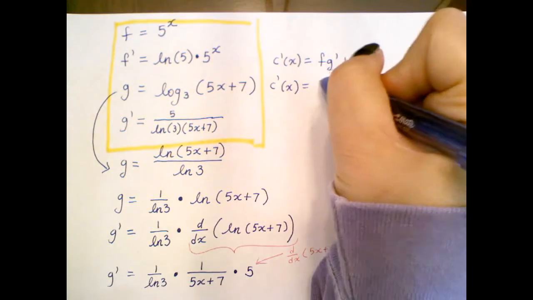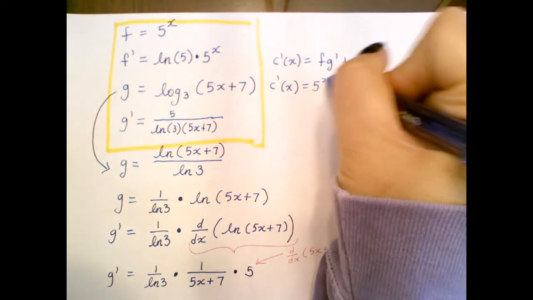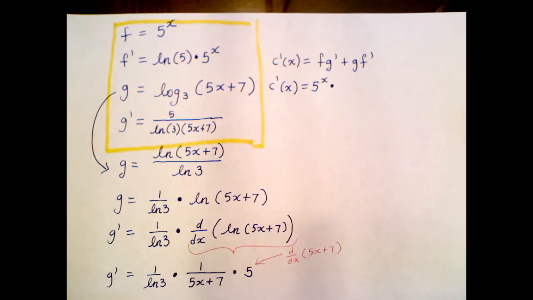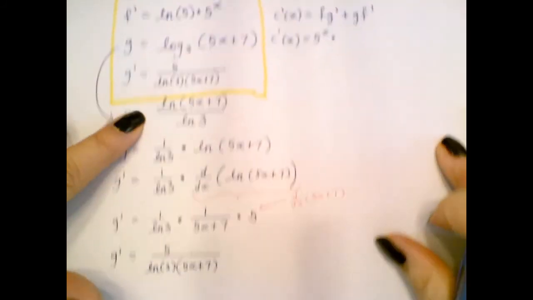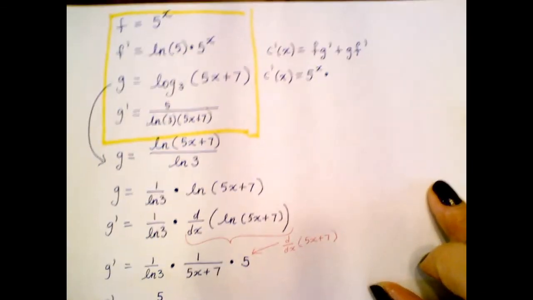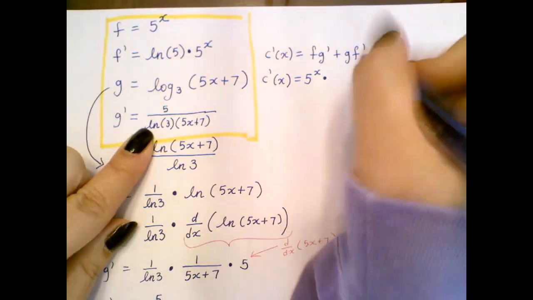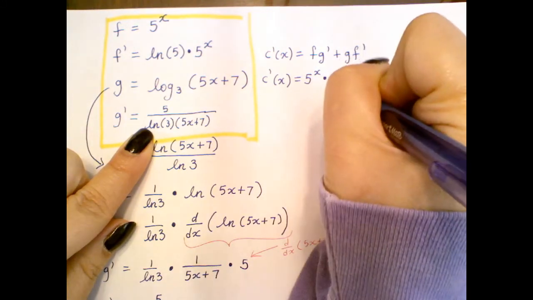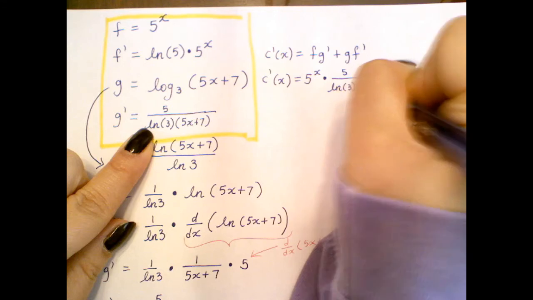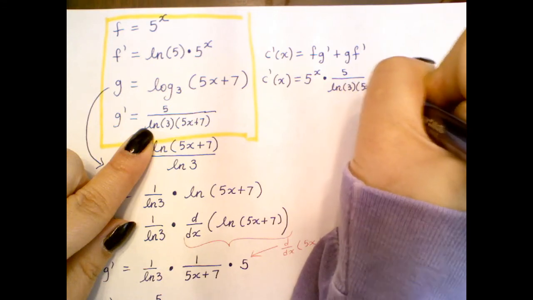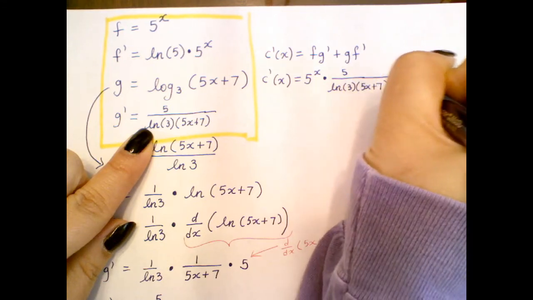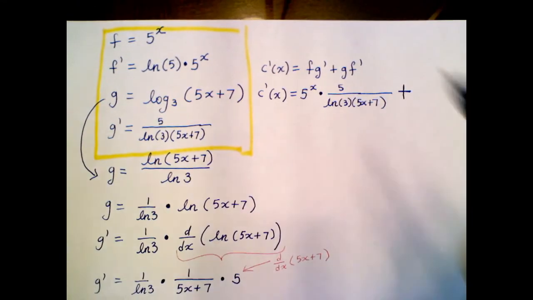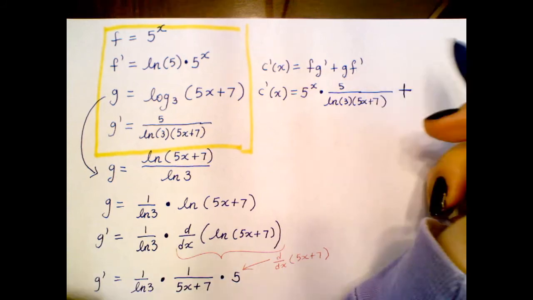I'm just going to use this. 5 to the x times g prime, and g prime we took all that work, but we found it, is this. So 5 over natural log of 3 times 5x plus 7, plus, and I need g times f prime.